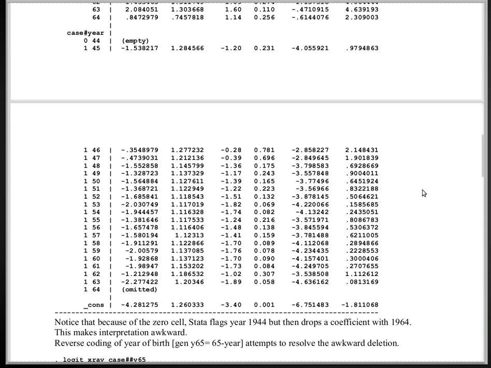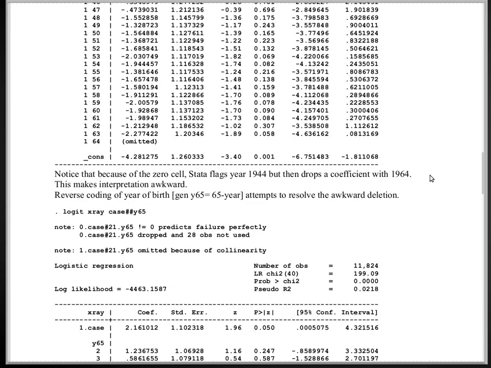So what I've done for interest here is show you an example of reverse coding. In other words, let's redo this now with, instead of the year, we'll reverse it starting with the year 1965, and then decline the years steadily to 1944.